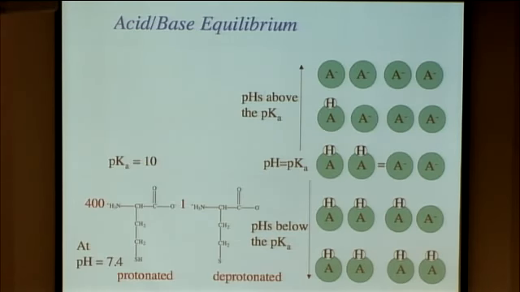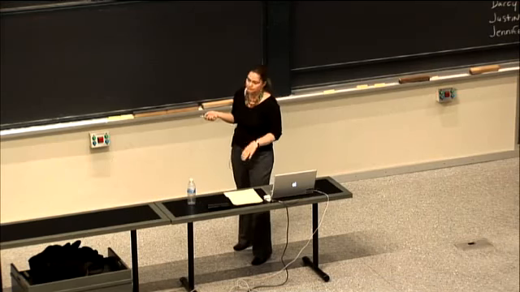In the particular example I gave, we have a pKa of 10. So at 7.4, we're at a pH that is below the pKa, and so there'd be more protonated. If you do the math, it's 400 to 1. But even if you aren't doing any math, you should think about the fact that you would have more of the protonated form than the deprotonated form.